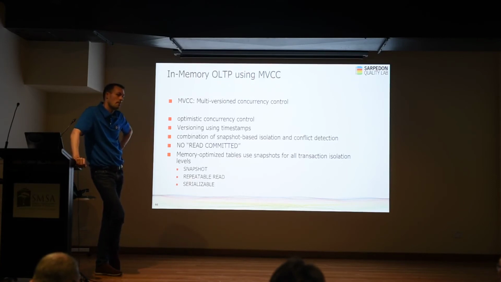The other question I have is, when you have columnstore indexes, does that use this technology? Since 2017, you can combine columnstore indexes with In-Memory OLTP, and they kind of live together.